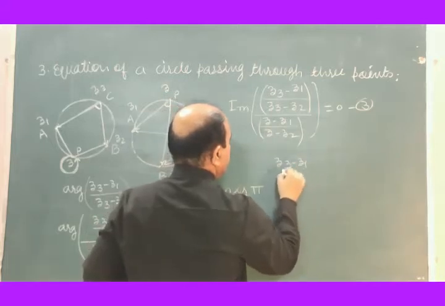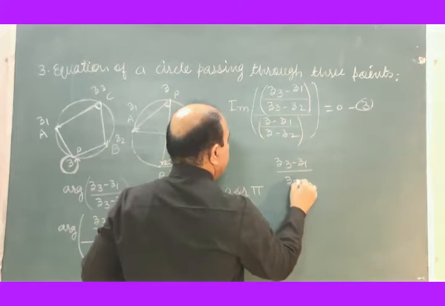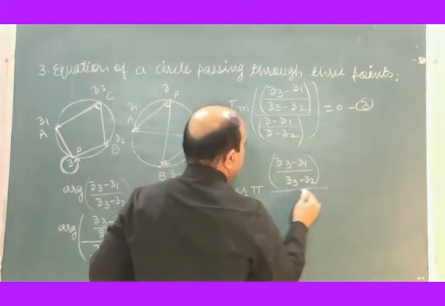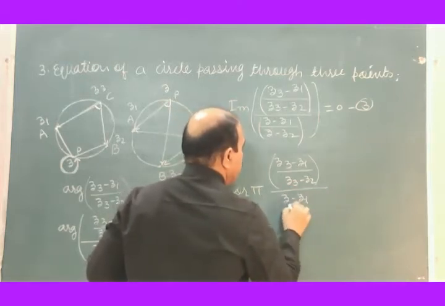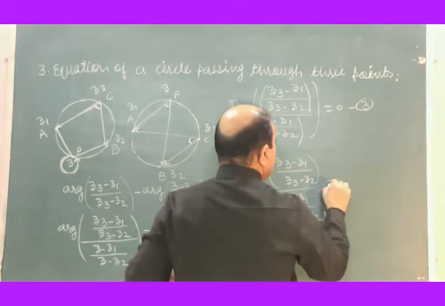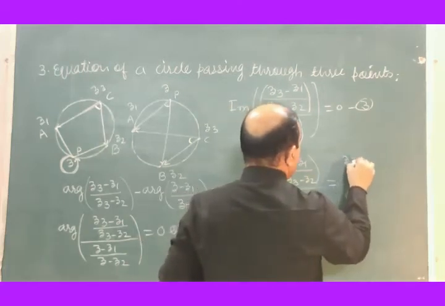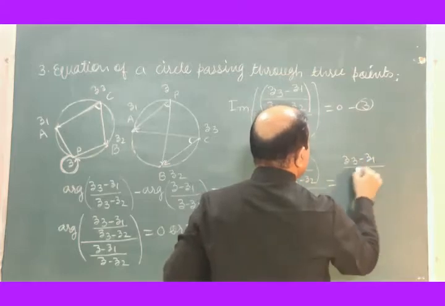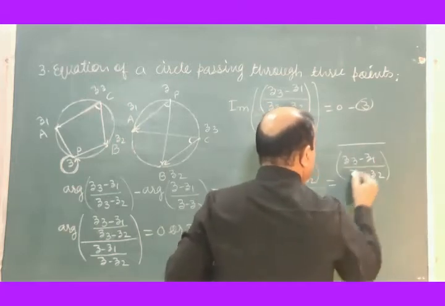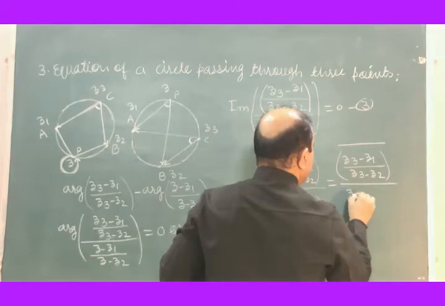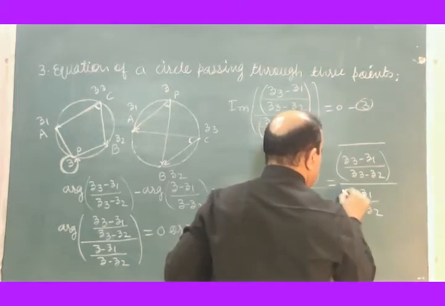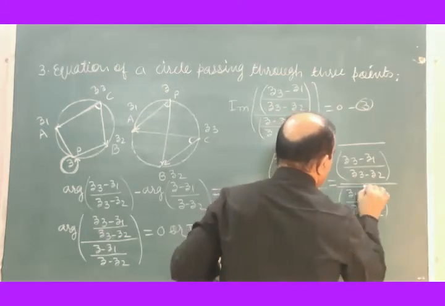As it is real, we may further write (Z3 minus Z1) divided by (Z3 minus Z2) whole divided by (Z minus Z1) divided by (Z minus Z2) is equal to [(Z3 minus Z1) divided by (Z3 minus Z2) whole divided by (Z minus Z1) divided by (Z minus Z2)] whole bar.